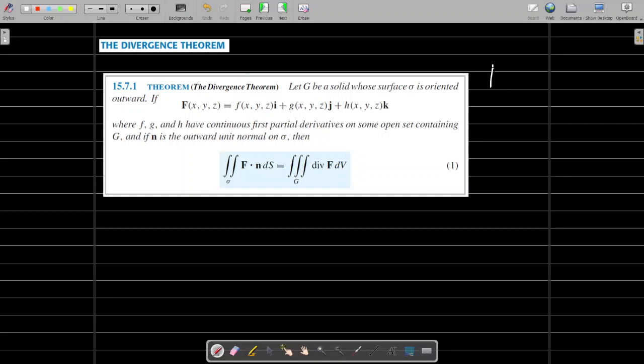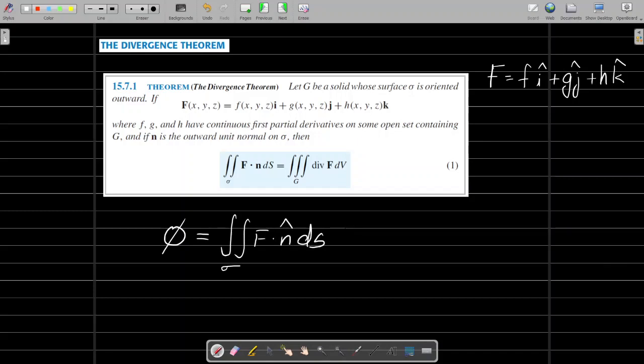If F is equal to Fi plus Gj plus Hk, and F, G, H all have continuous first order partial derivatives on some open set containing G, and if n is the outward unit normal on sigma, then the flux integral phi, which is the most important point here, is given by the double integral over sigma of F dot n dS. This flux integral, by the divergence theorem, is equal to the triple integral over G of the divergence of F dV.